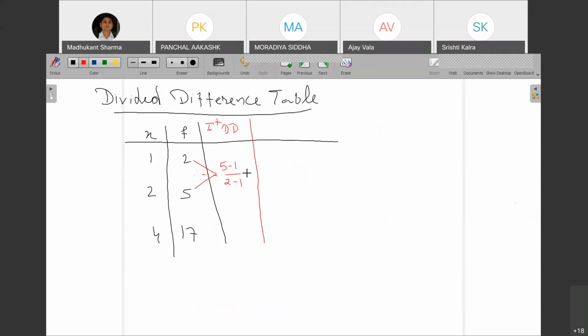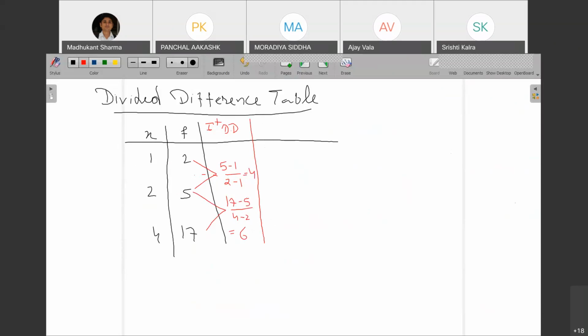So 5 minus 1 is 4, 4 by 1 is 4. The second entry in this column is 17 minus 5, that is f2 minus f1 divided by x2 minus x1, which is 4 minus 2, so 12 by 2, that equals 6.